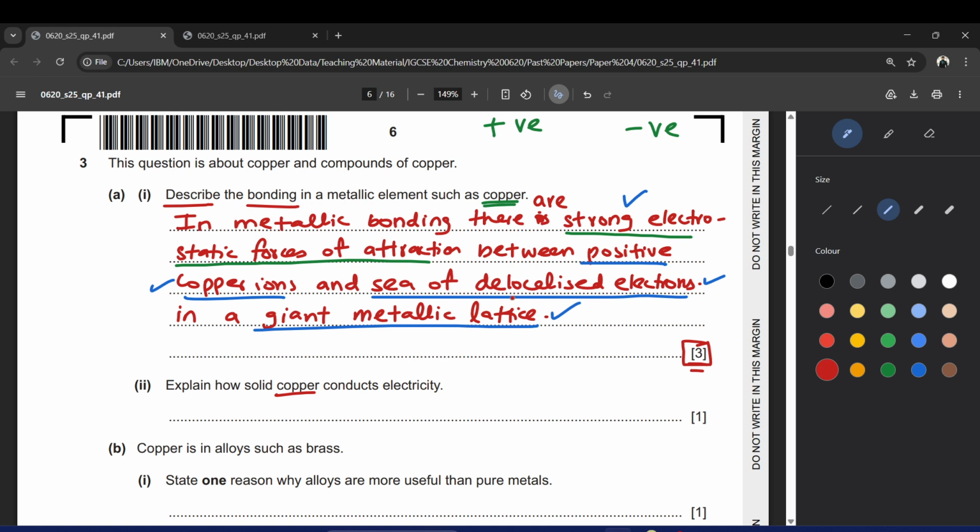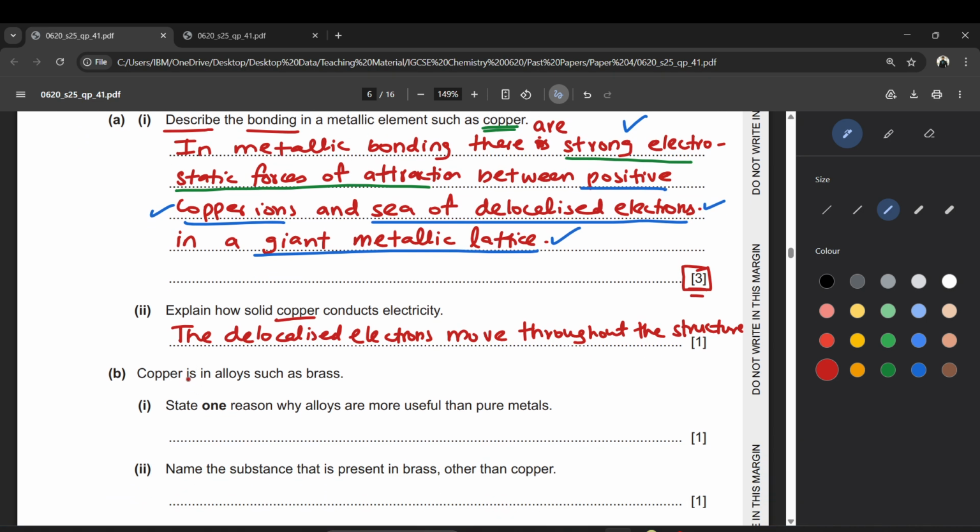So this is what causes the electricity to flow through the metal. So we say that the delocalized electrons move throughout the structure.